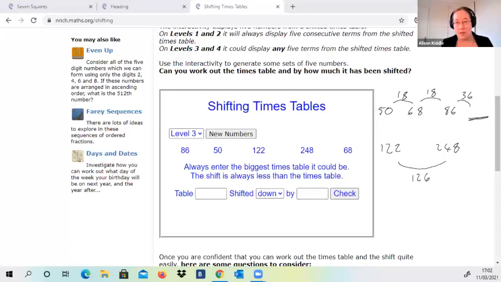How does the shift up and the shift down relate to each other? But yeah, if I put in the times table is the 18 times table, and shifted down by 4, then I get given this lovely feedback that I have got it correct there.